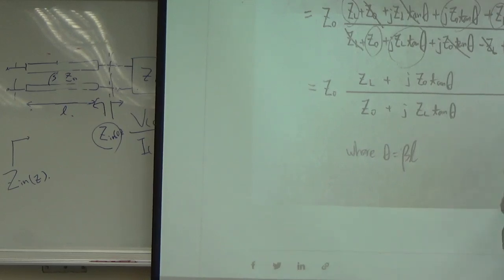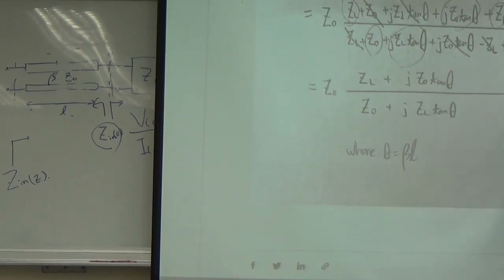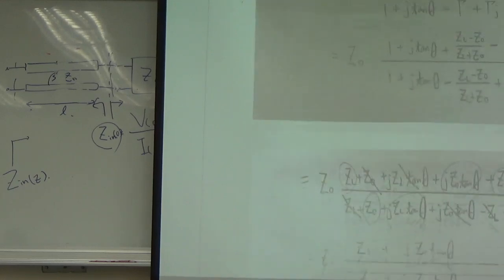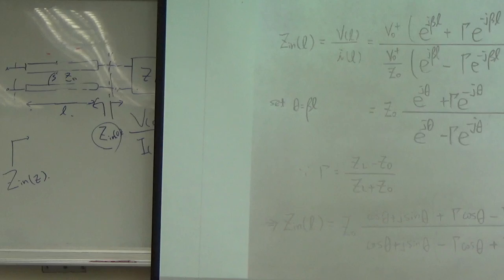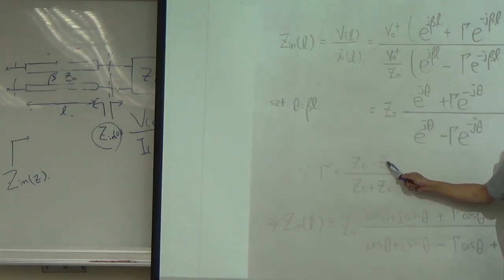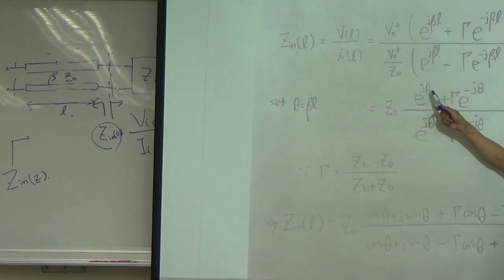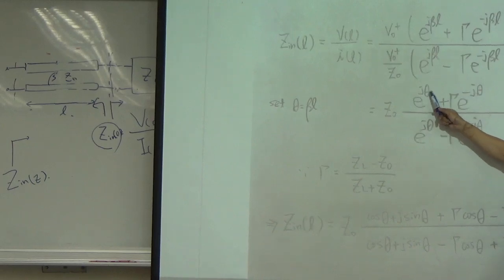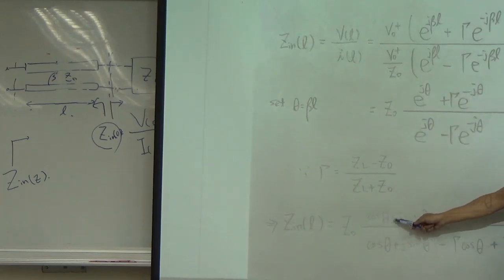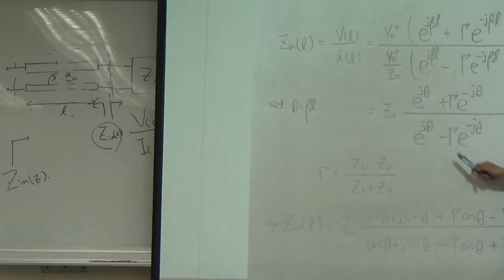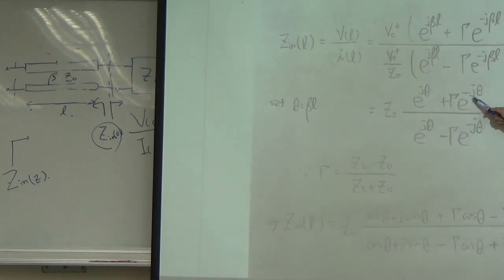Because in your textbook, you just see this result at the end. I just write down how to derive it. First, you put gamma equals ZL minus Z0 over ZL plus Z0. You also use cosine theta plus j sine theta for exponential j theta, and cosine theta minus j sine theta for the exponential of minus j theta.